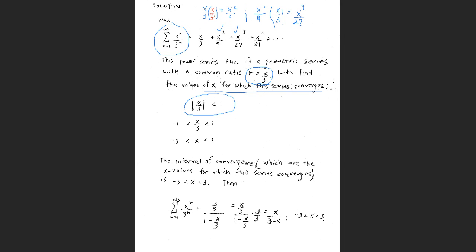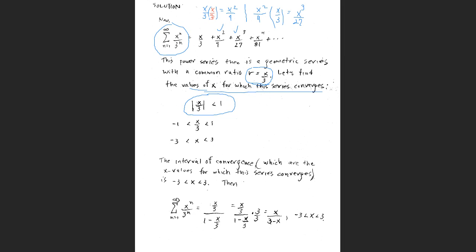So you figure out the common ratio and take the absolute value. Is it less than 1 or not? If it's less than 1, the series converges. If it's greater than 1, the series diverges. For geometric series.